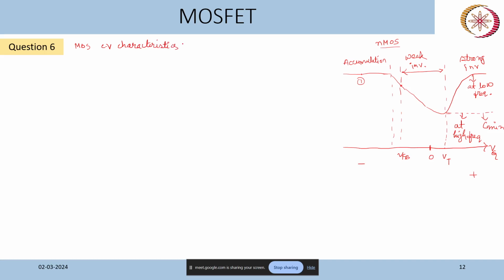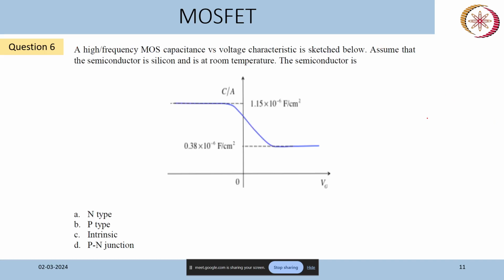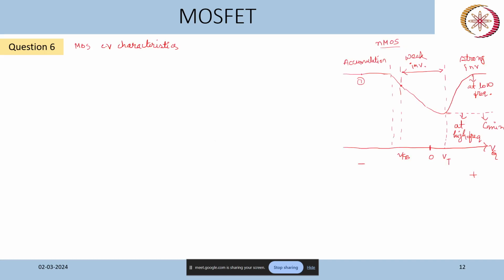Now you can see that this curve is similar to the one that is given in the question. So by looking at it also you can say that it is a p-type substrate, p-type silicon, where an n channel is formed. The inversion layer is the n layer, electron layer. Okay, but I want to discuss few of the concepts so that by looking at the CV characteristics you can get an idea.